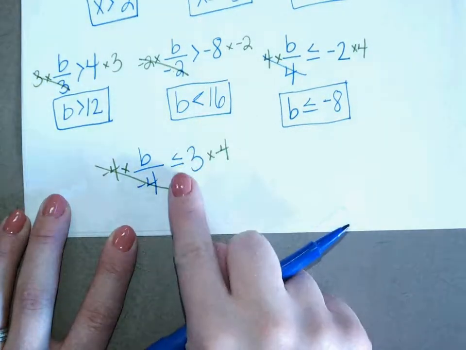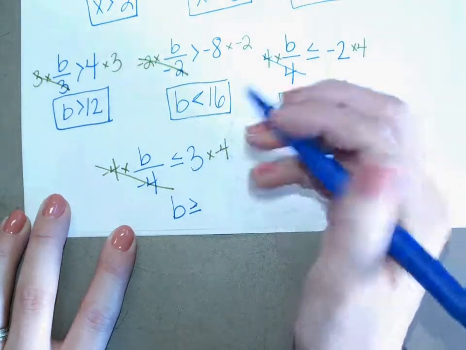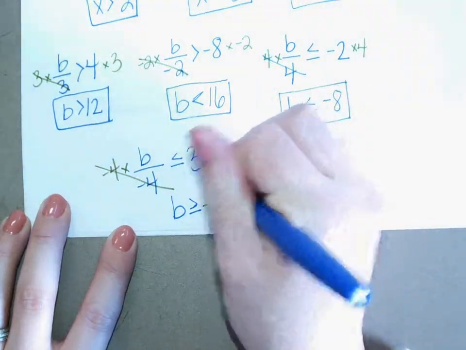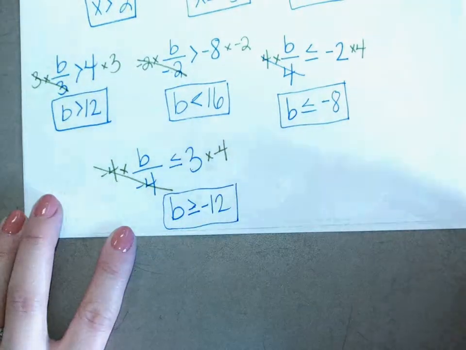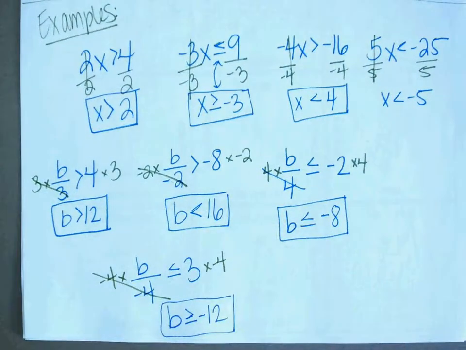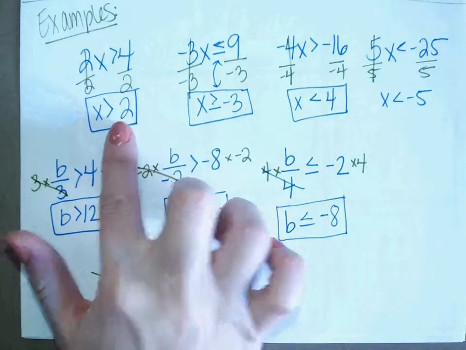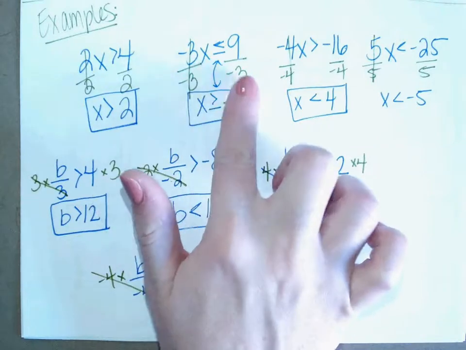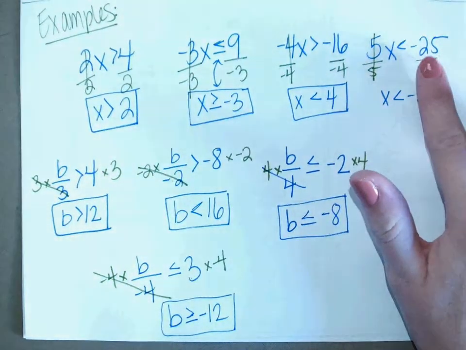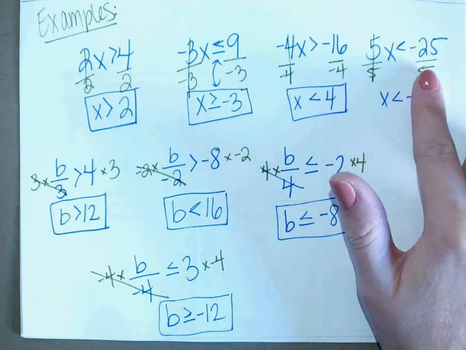So instead of less than, it is greater than or equal to 3 times negative 4, negative 12. Okay, so I gave you 8 examples. Does that help clear it up? If you do it on both sides and these are positive, keep. This is negative. It does not matter if your answer is a negative 25, it matters what you did on both sides, okay? Understood?